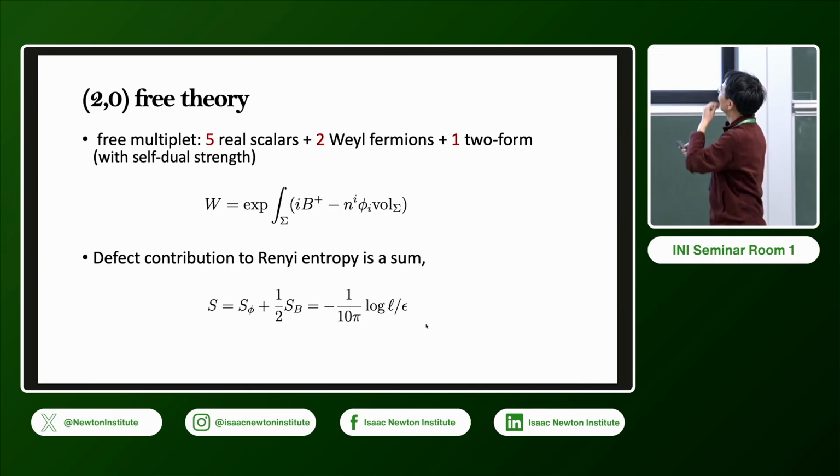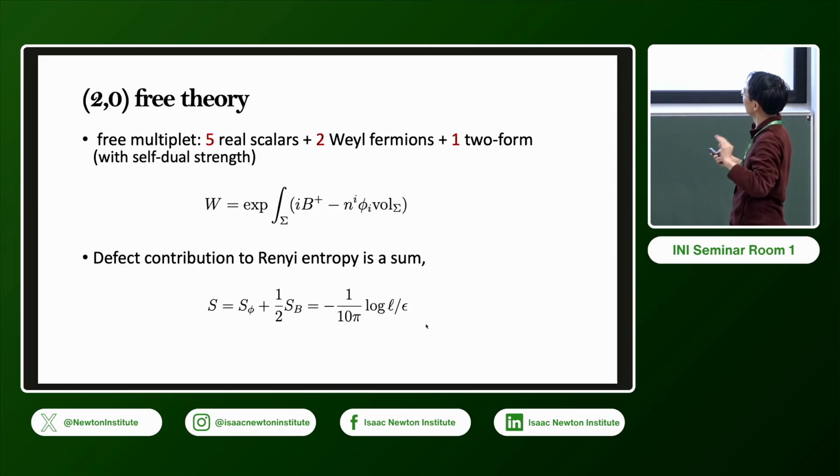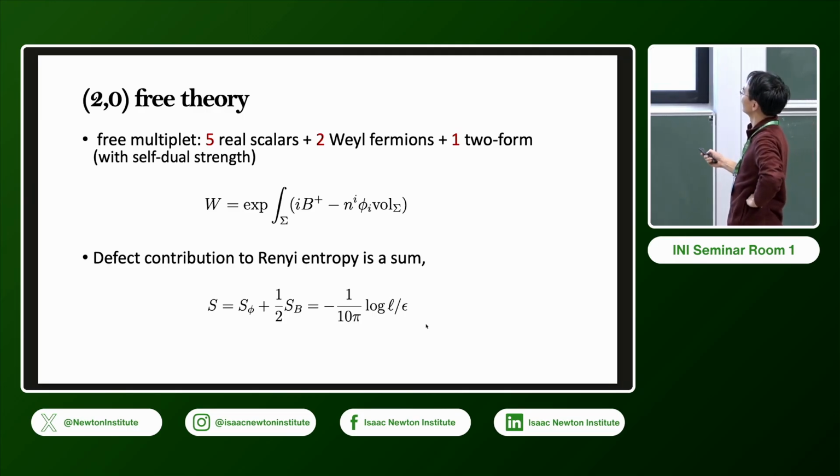So what we can do is follow the definition of the BPS Wilson line in N=4 super Yang-Mills. In this case, we combine these self-dual 2-form fields and these 5 scalars, and then you can put them together to define some surface operator.